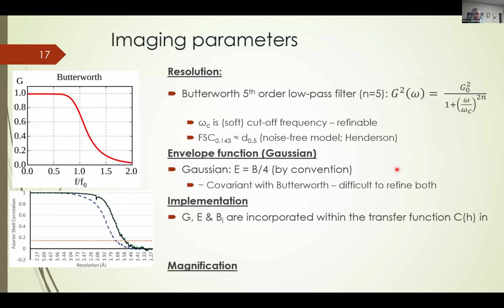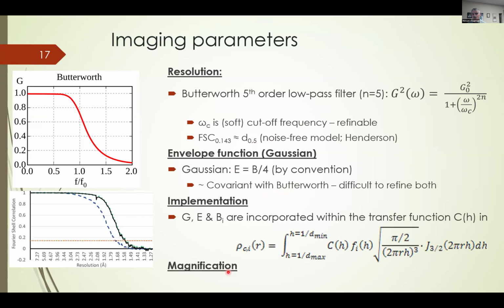Now, we refine an attenuation, we can refine an envelope function or a B factor, and all of these plus atomic B factors are all incorporated within this contrast transfer function here.